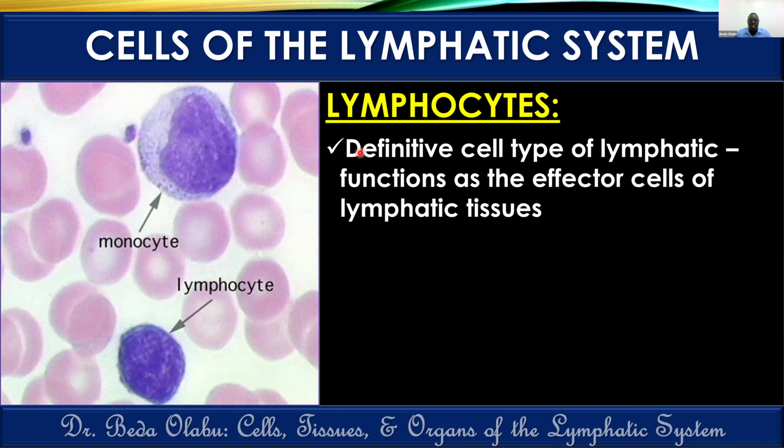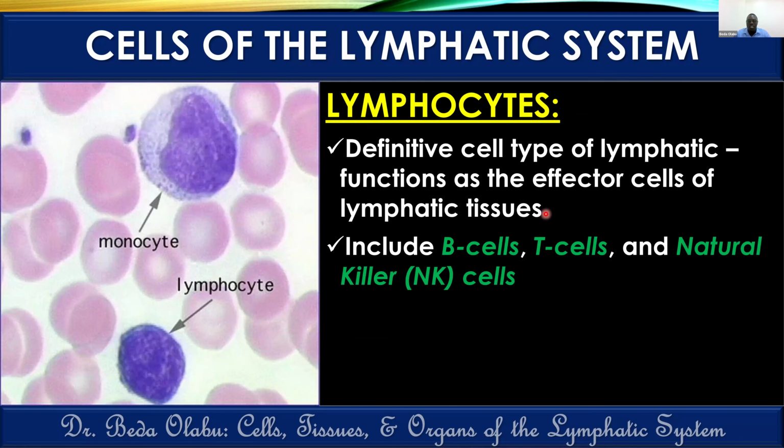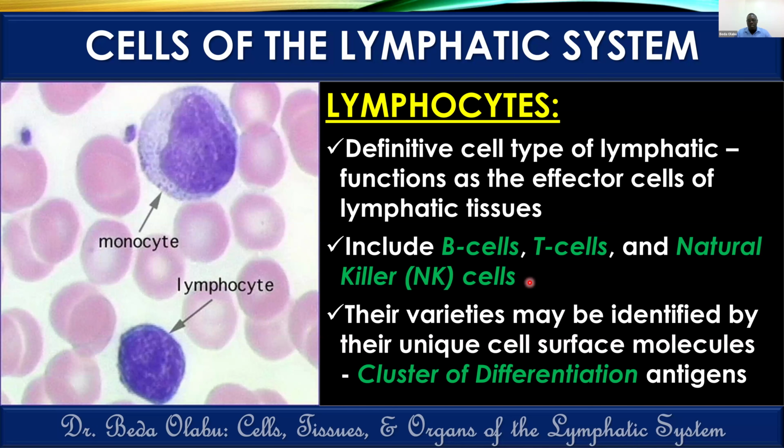But lymphocytes are the primary cell types of the lymphatic tissue. I've already told you that you have the B cells, T cells, and the natural killer cells. Their variety may not be distinguishable from a full hemogram, so we usually use other laboratory ways of distinguishing them.